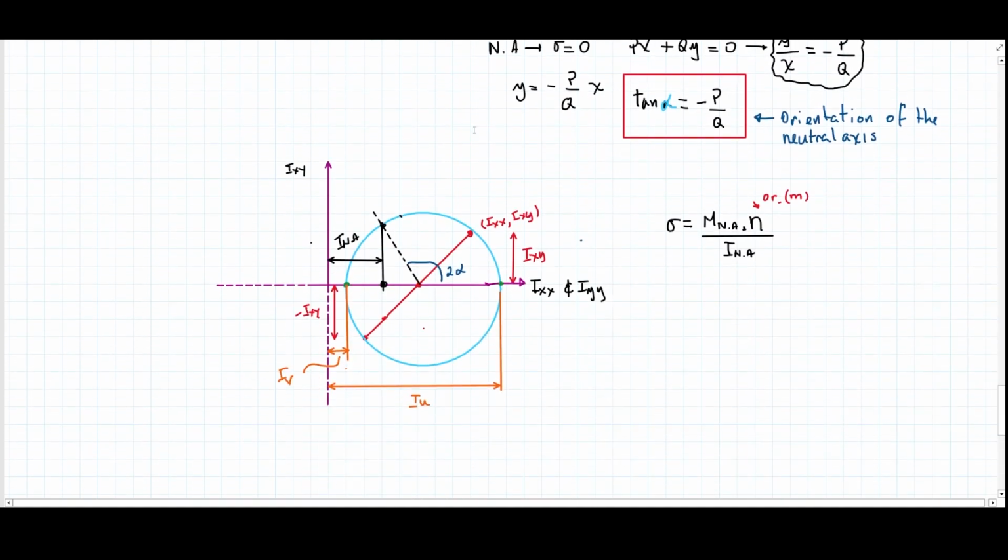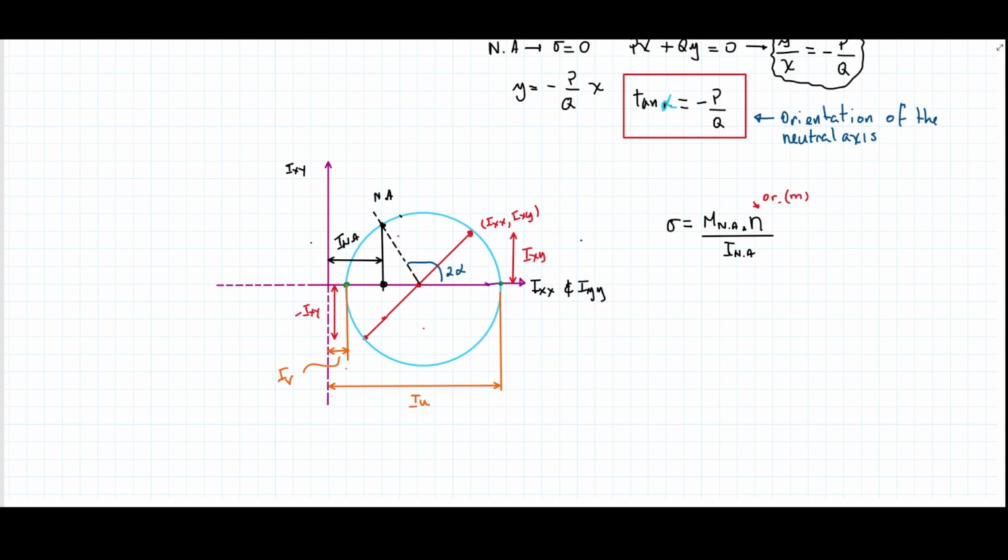I could come back to the Mohr circle and draw that line representing the neutral axis. Just remember that if the angle of the neutral axis with respect to x is alpha, in the Mohr circle it's going to be 2 alpha, because it's twice the angle in the Mohr circle scenario. Wherever the neutral axis cuts the Mohr circle, I come down here, and that gives me the inertia around that neutral axis.